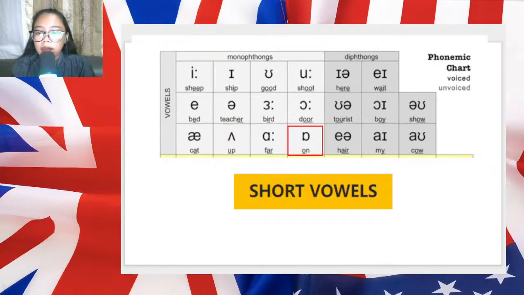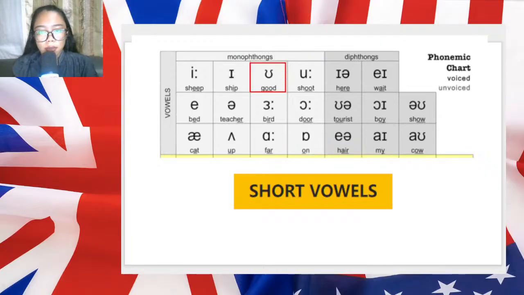Okay. Next to that is this one. This is how you say it. Okay. This is hot, sock, boss, and top.